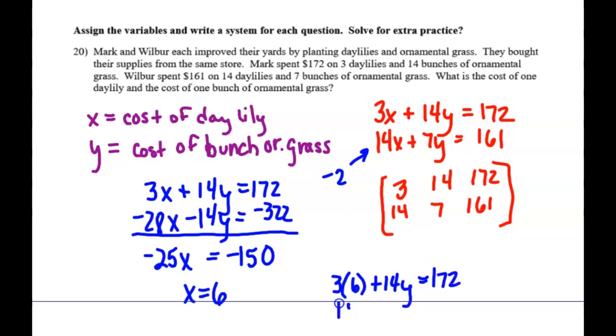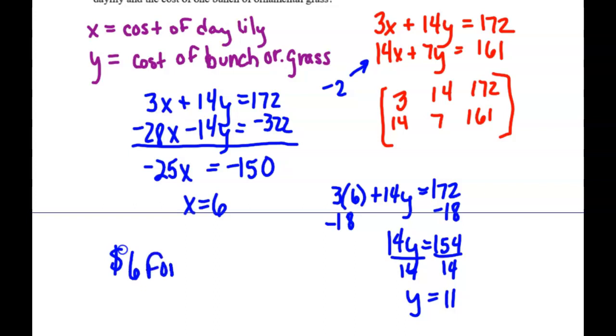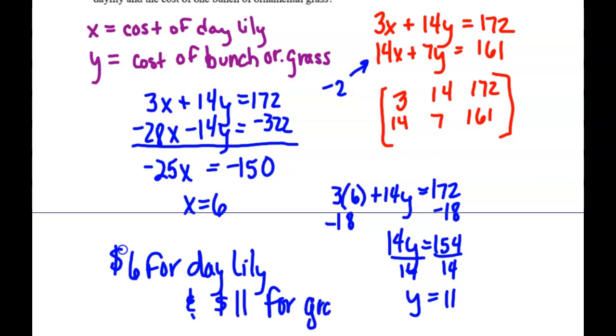Anybody checking my math? I think my math might be right because this came out 11. So we got $6 for a daylily and $11 for a bunch of grass.